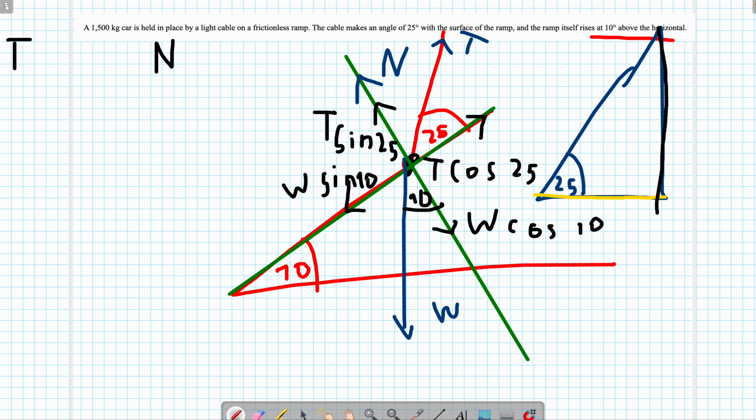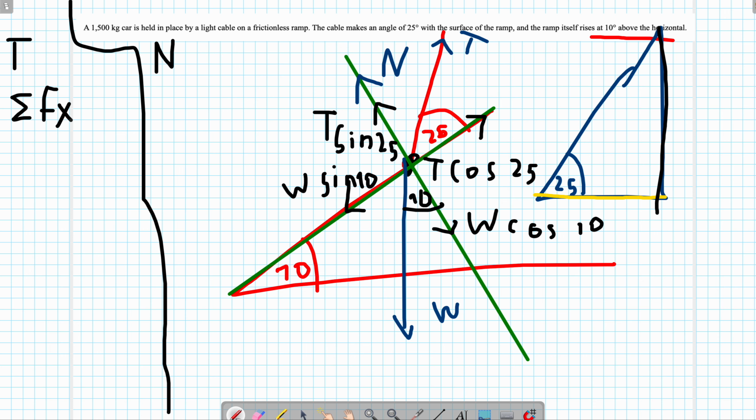Okay, now let's find the tension first. Let's do it a simple way and use sigma Fx is equal to 0. So the weight times sine 10 is equal to T cosine 25.